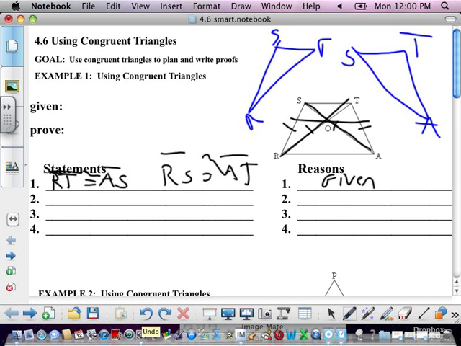Okay. So first, we know that RS and TA are congruent. And we know, what else? We know RT is congruent to SA. Okay.